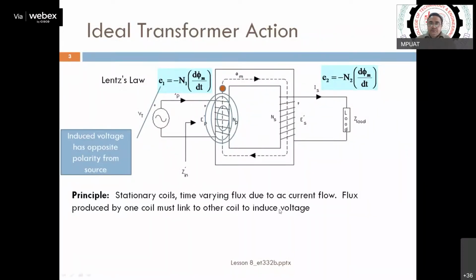Yes, sir. Are you seeing the diagram of the transformer? Yes, sir.